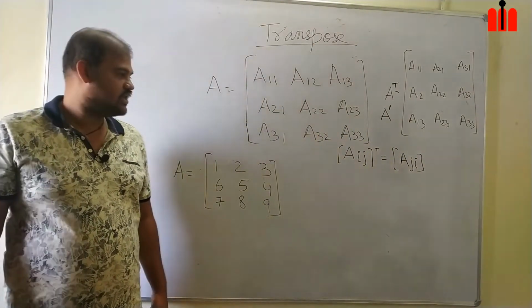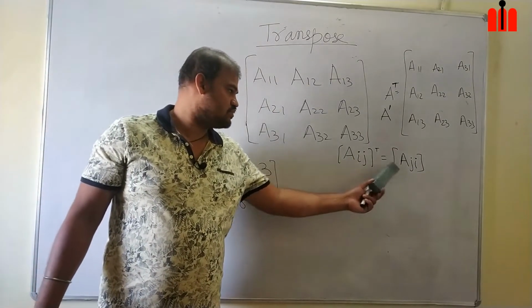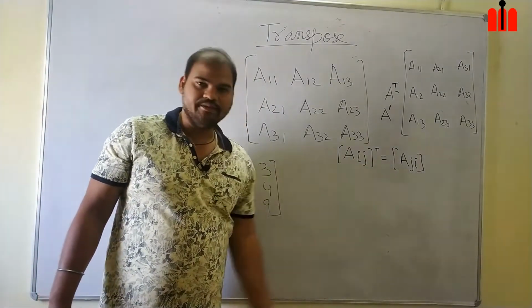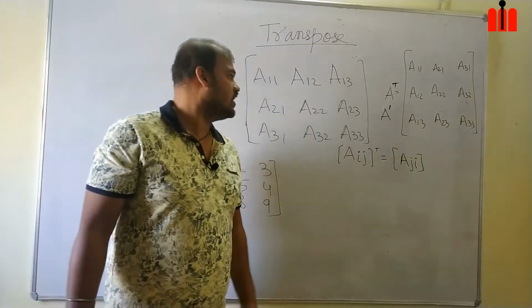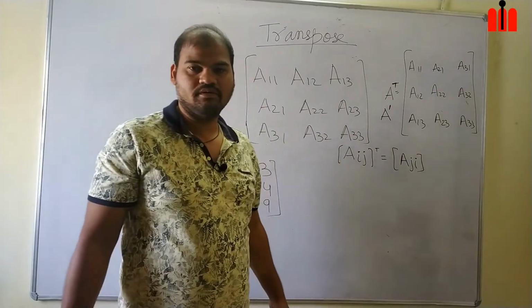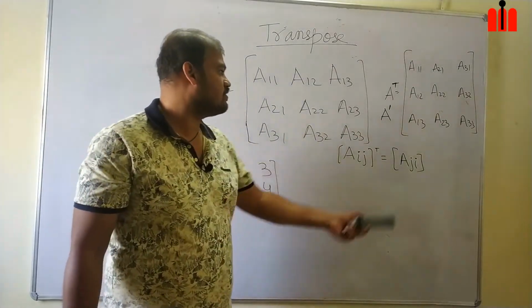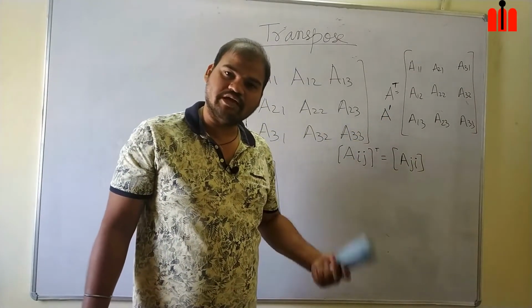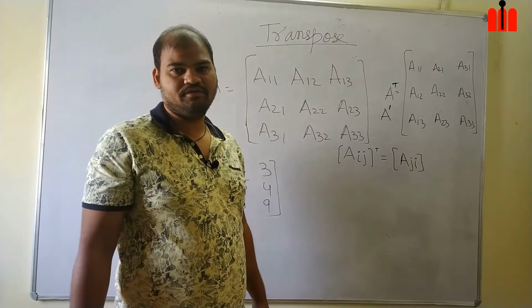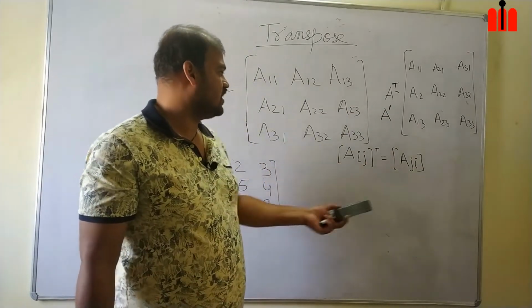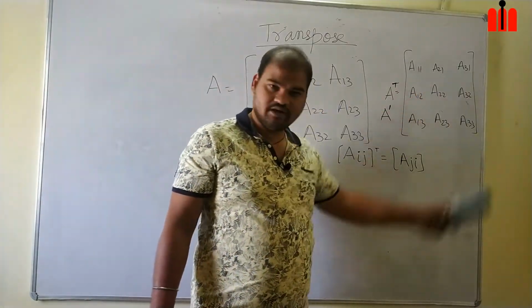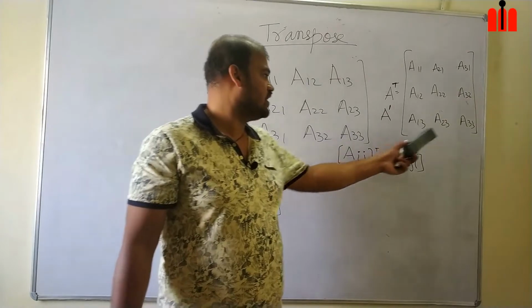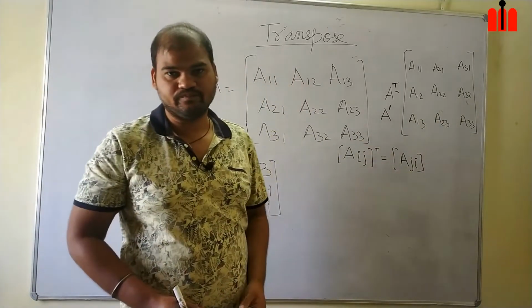After performing the transpose, my Aij will become Aji. That means I and J are interchanged. Here 1 2 will become 2 1, 2 1 will become 1 2, 3 1 will become 1 3, 1 3 will become 3 1, and 2 3 will become 3 2.